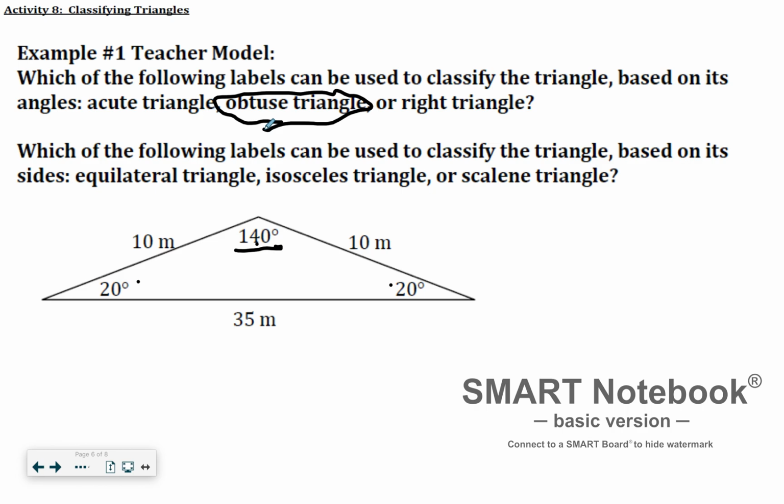There are 2 side lengths that are the same though, so it would be considered an isosceles triangle. We couldn't call this a scalene triangle because it has 2 sides that are equal, 10 meters each. In order to be a scalene, all sides need to be different lengths. So because 2 of the 3 sides are the same length, this is an isosceles triangle. Okay, so this is obtuse and isosceles.